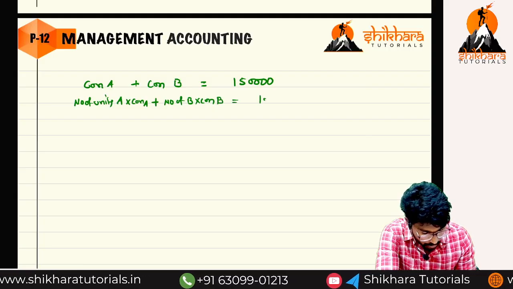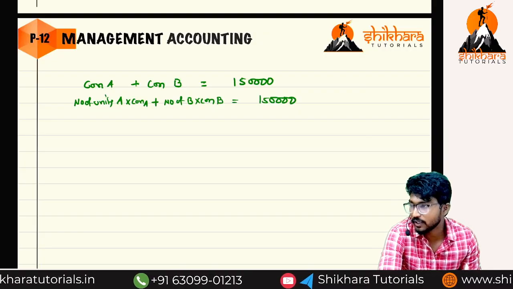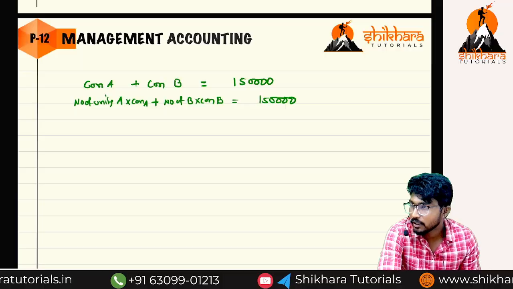That is equal to how much? 1,50,000. We all know the contribution of A and B, but we don't know the number of units.